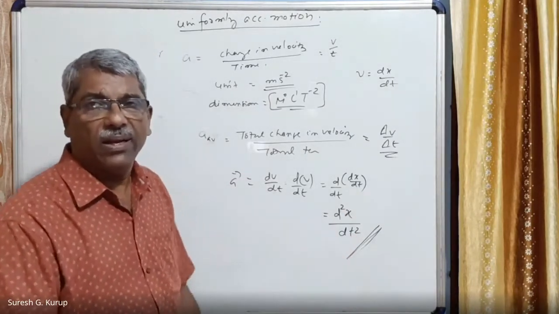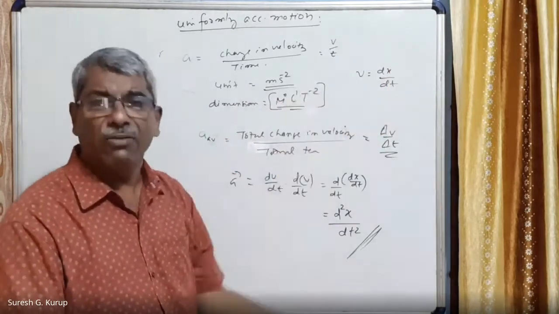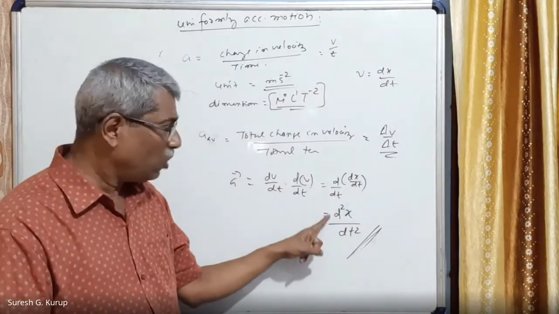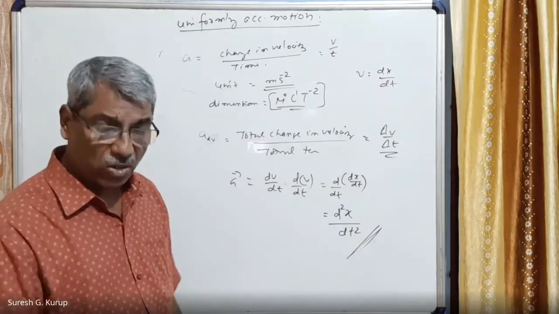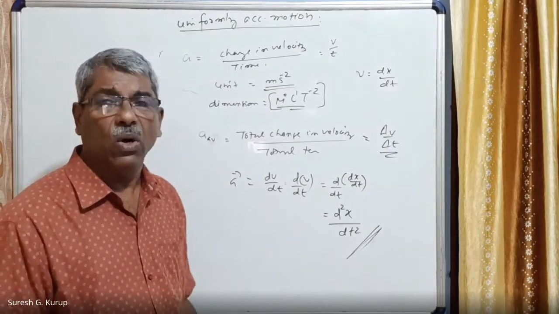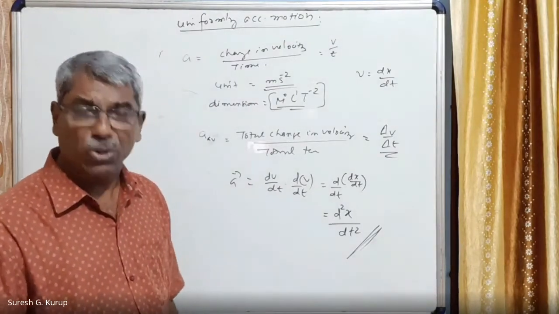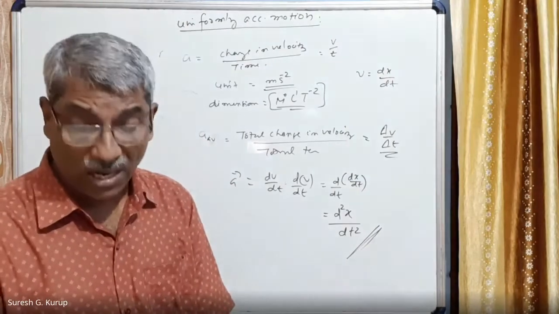Because dx by dt is again differentiated, you will get d square x by dt square. What is d square x by dt square? This is called acceleration.